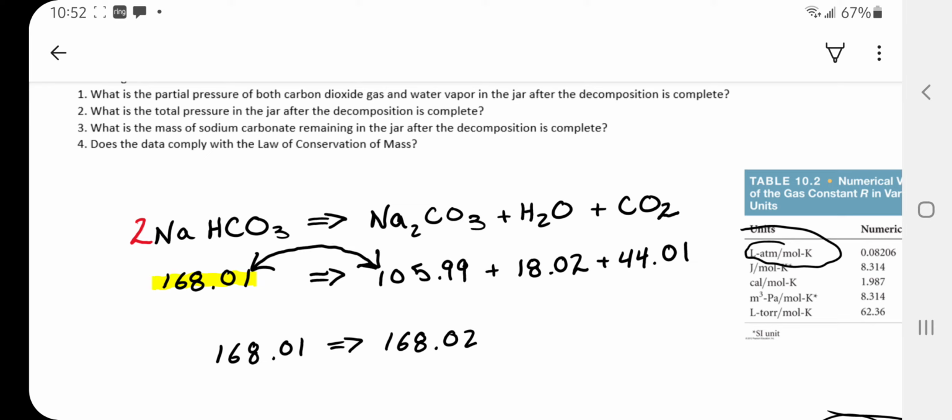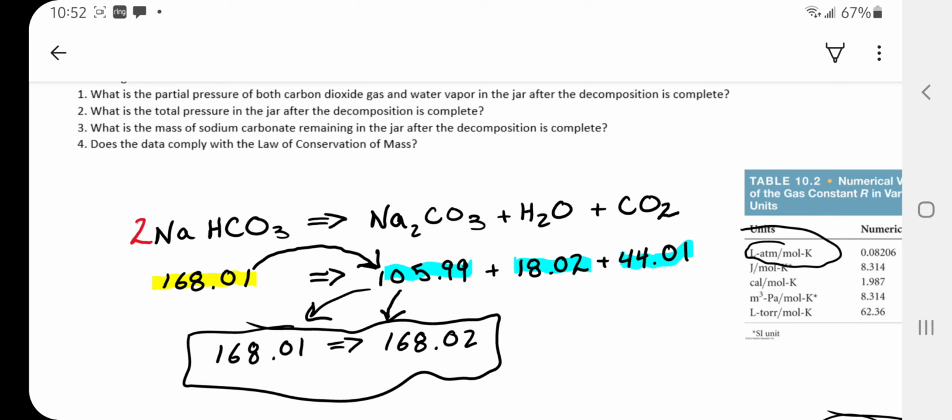So whenever we add up 105.99, 18.02, and 44.01, it should, if it's going to comply with the law of conservation of mass, add up to 168.01, which here it clearly does. There's just a little bit of rounding error, but it should be around there, and it is. So yes, this data does comply with the law of conservation of mass.